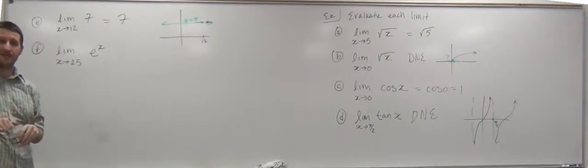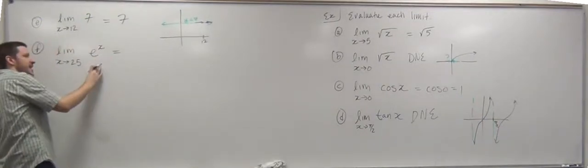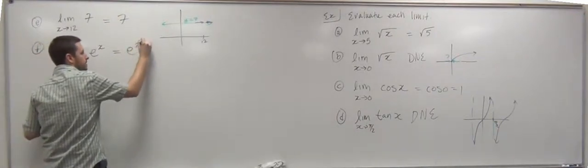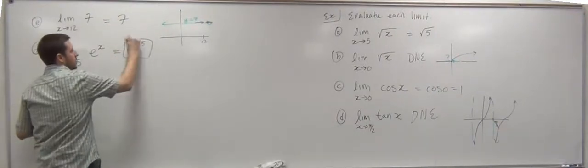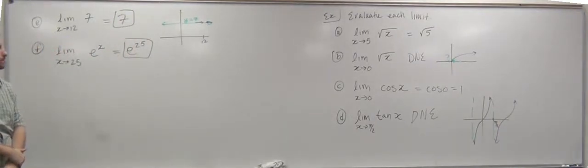It's just e to the 25, right? You can approximate that if you want, but the idea is e to the x is one of our basic functions, so we can just plug it in, and that's our answer. Huge number.